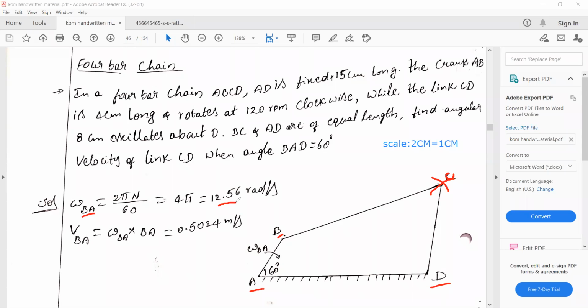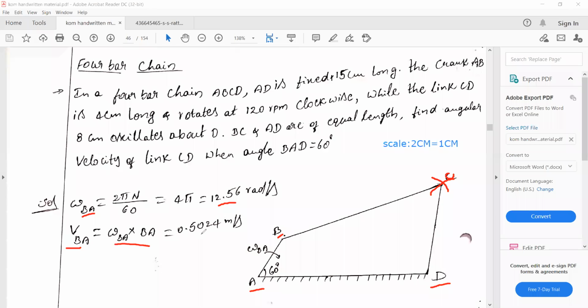Now, when we know the angular velocity of the crank, we can simply find the velocity. V suffix BA equals omega BA into BA, because the formula is V equals omega R. Omega is already there, and the crank length BA is there already.